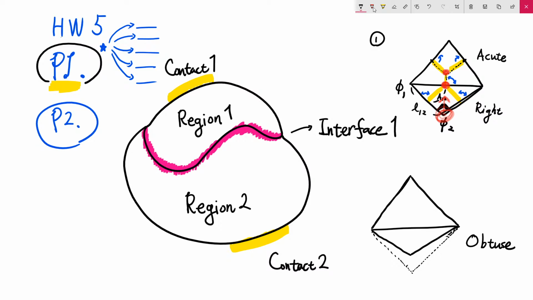Yes, so certainly it is acute. Then first let me try to find out the circumcenter of this one.